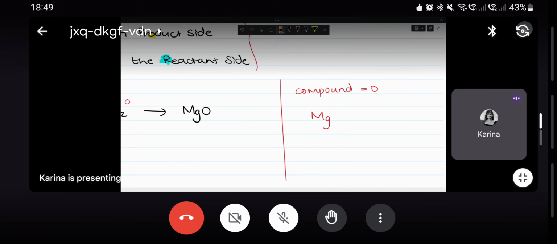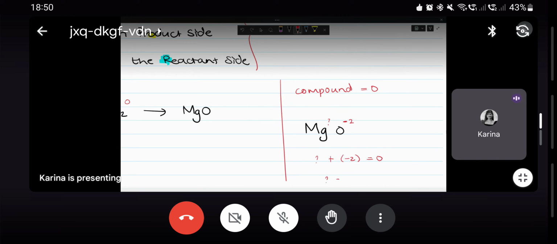If you go to your periodic table, the oxidation number of oxygen would be -2. So what is magnesium? If magnesium plus this -2 must give me 0, I know that number should be +2.